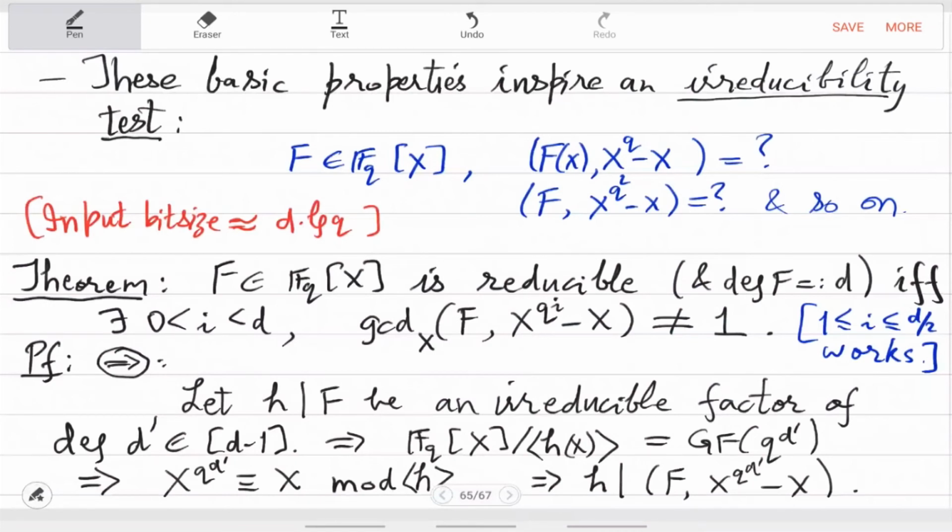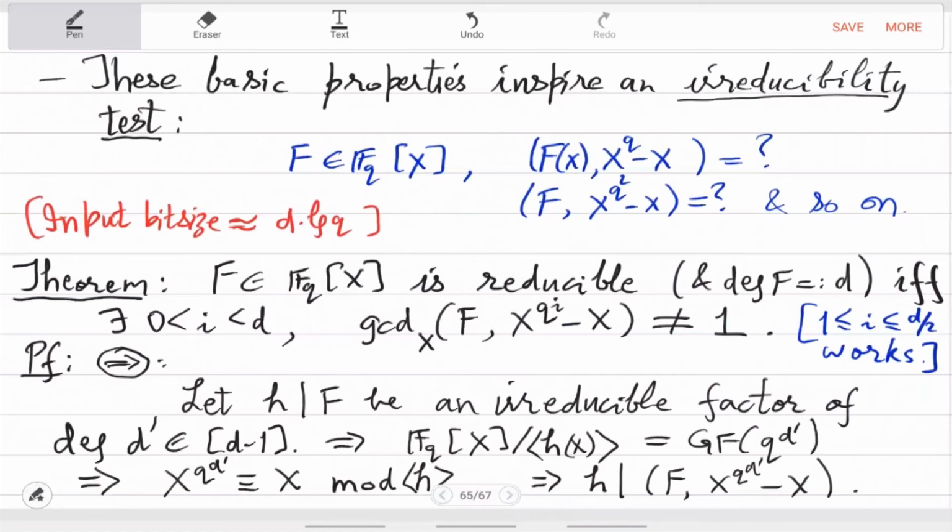It's not that x to the q to the i minus x will be divisible by all the irreducibles up to degree i; it's actually only those whose degree divides i. So did you understand that h of degree d prime will divide for i equal to d prime and then i equal to 2d prime? Why wouldn't it divide for things in the middle between d prime and 2d prime?